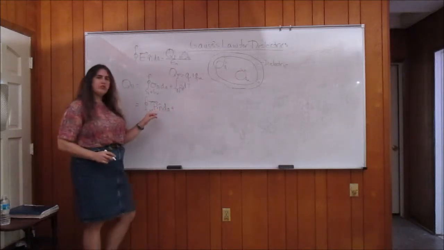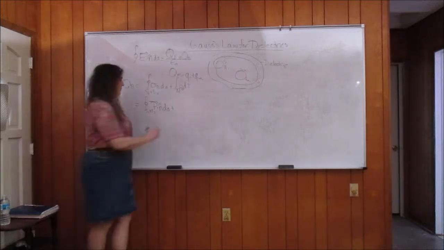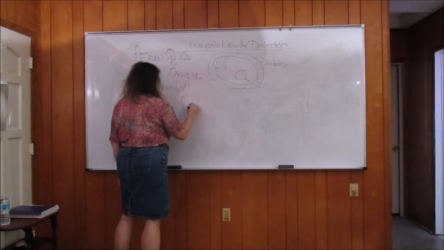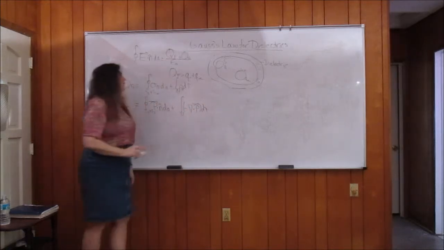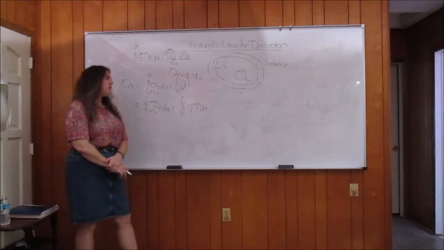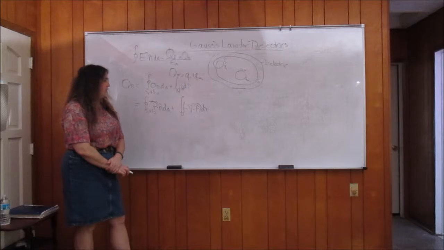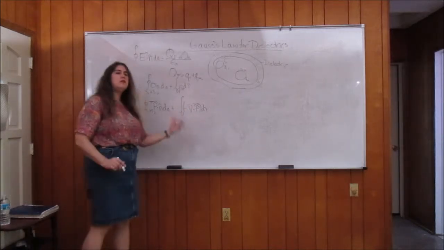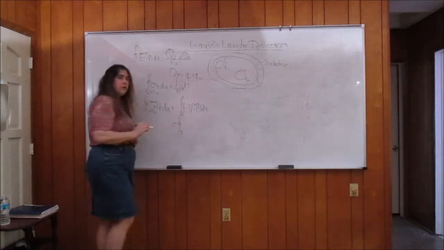And the bound surface charge density is just the dot product of the polarization and the normal to the surface. And the bound volume charge density is minus the divergence of the polarization. I'm going to make use of the divergence theorem to convert this volume integral into a surface integral.